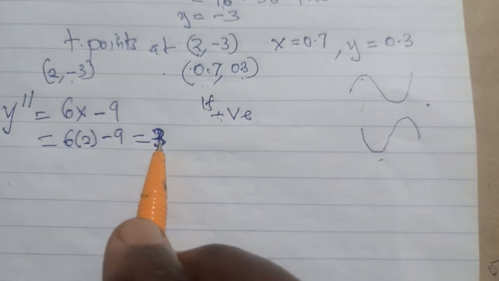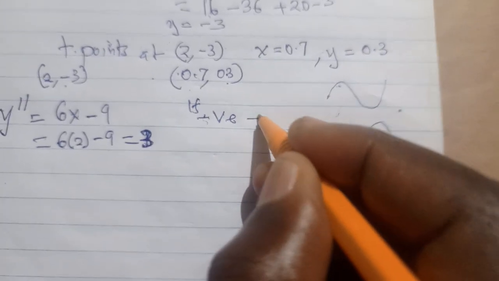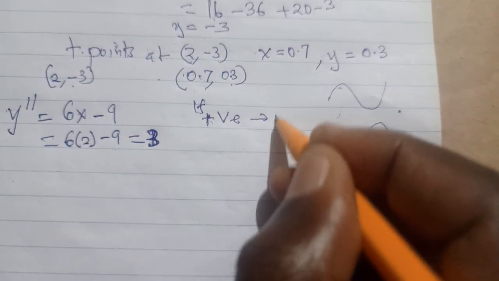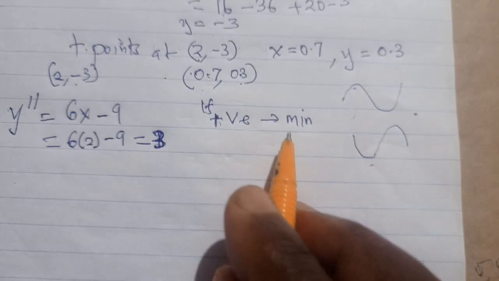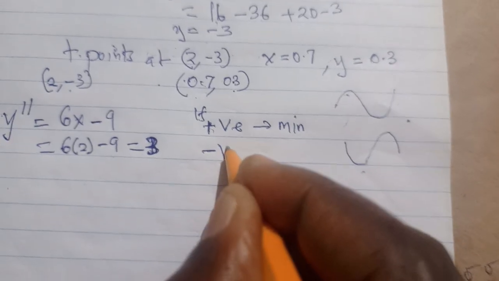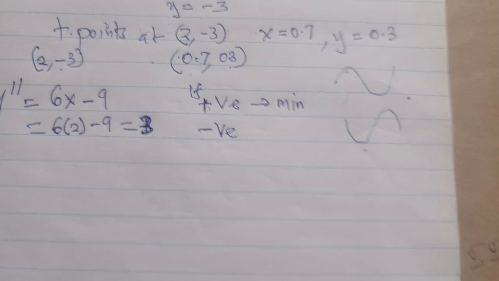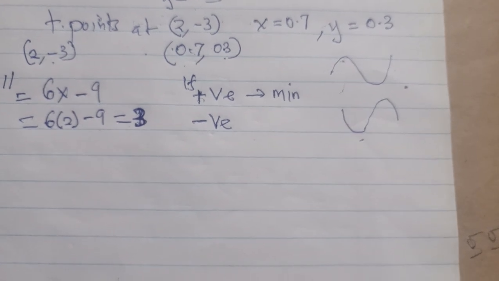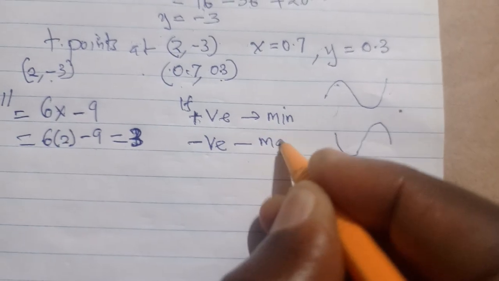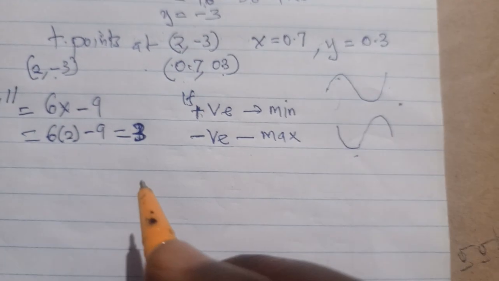If the second derivative is positive, then the turning point is a minimum. That means it's curving upwards. And if the value is negative, remember we are only interested in the positivity or negativity, then the turning point is a maximum. That means it's curving downwards.